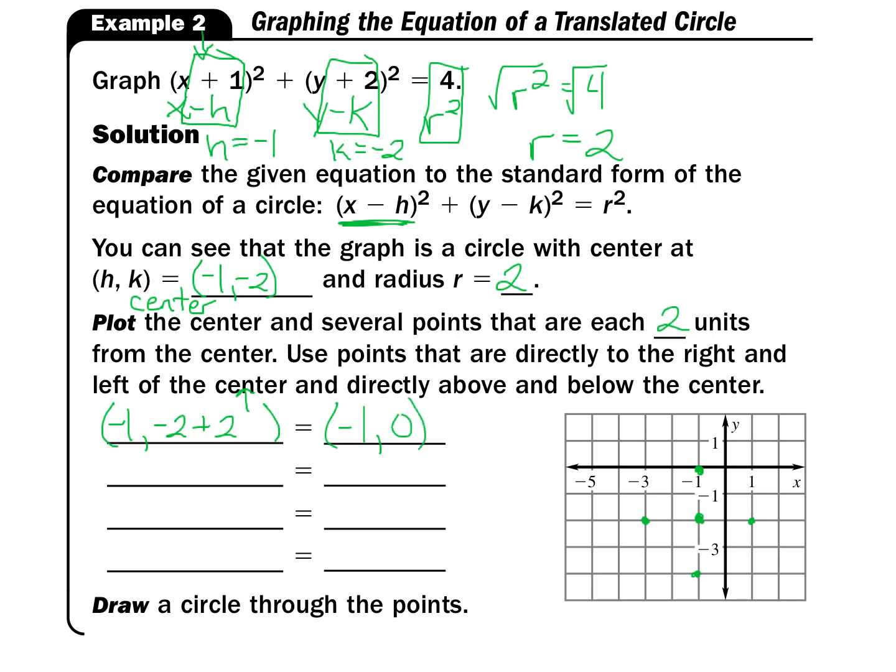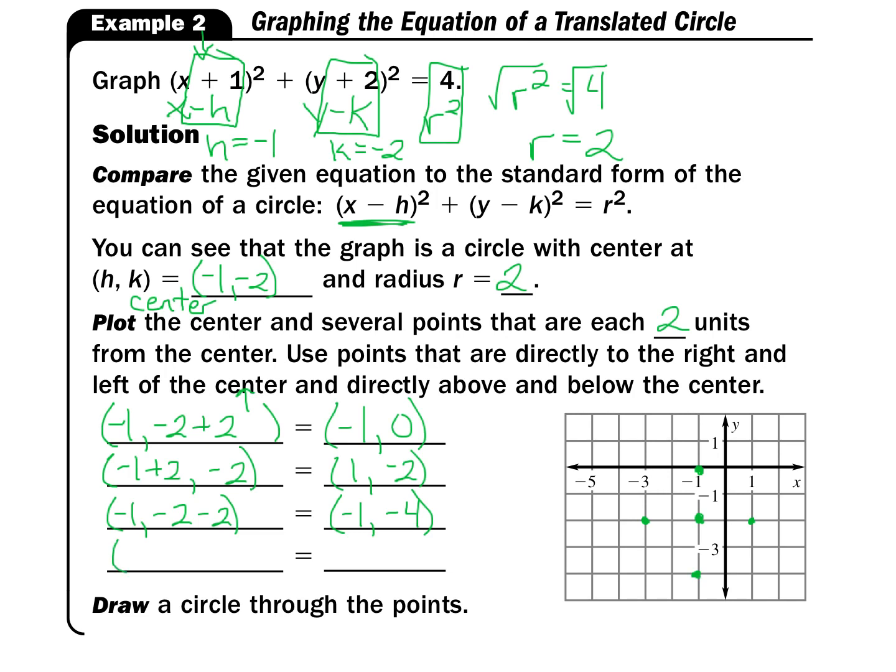Then to the right, negative 1 plus 2 comma negative 2, gives us 1 comma negative 2, exactly where we plotted it. Go down: negative 1 comma negative 2 minus 2, or negative 1 comma negative 4, right where we plotted that one.